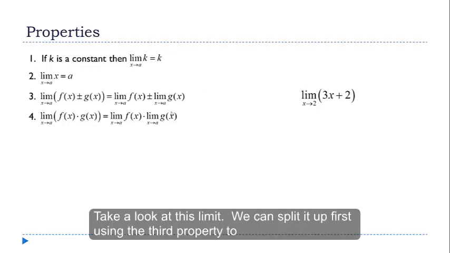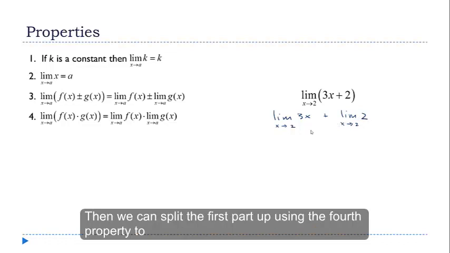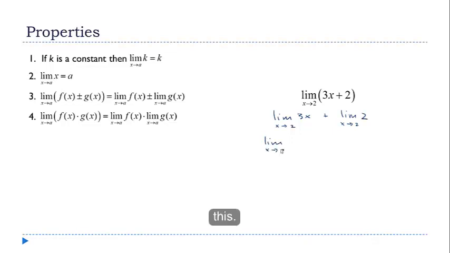So take a look at this limit. We can split it up first using the third property, and then we can split the first part up using the fourth property.